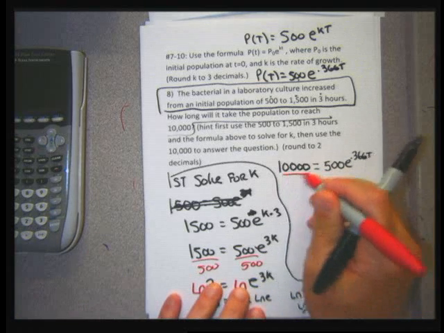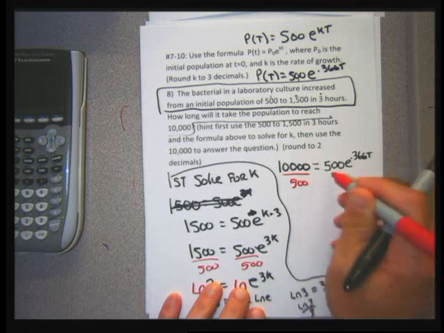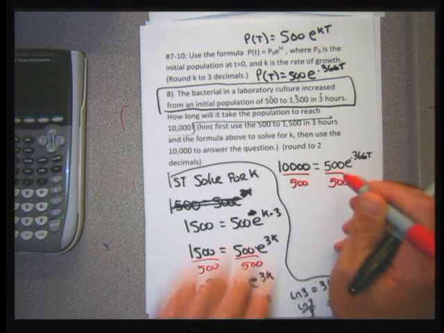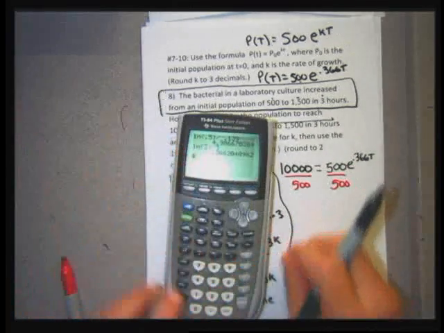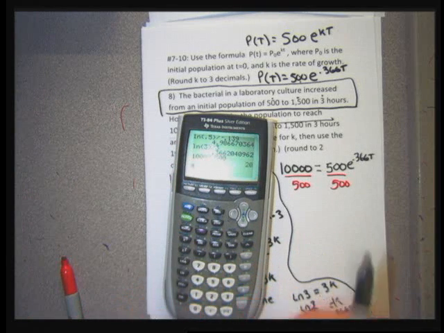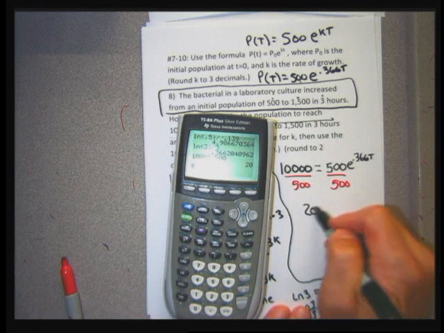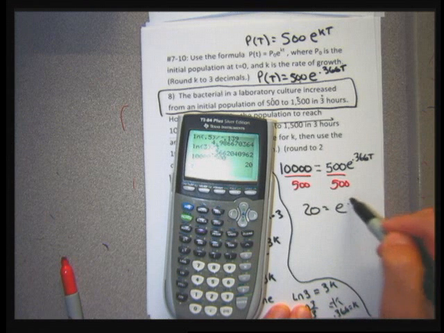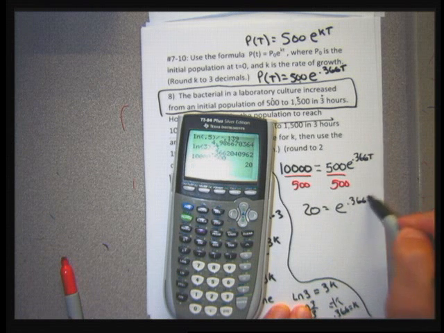Solve this. I divide both sides by 500. I think you get 20 on the left side. 10,000 divided by 500 gives me 20 equals e to the 0.366t.